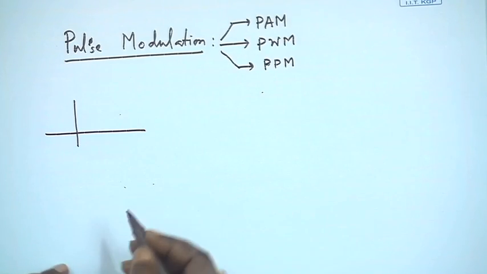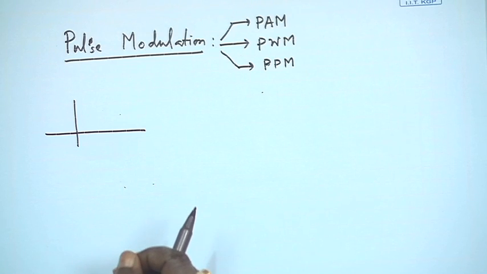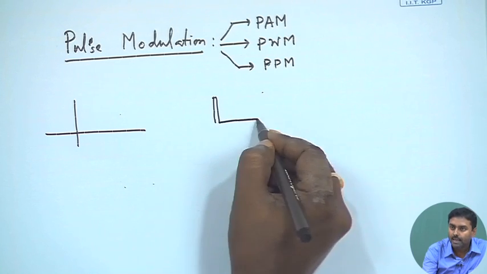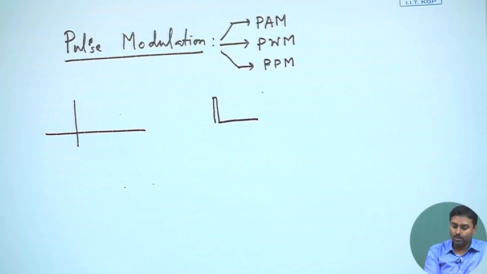So, if you see PAM, it is like this. Whenever we say pulse amplitude modulation, it is in terms of some discrete pulses. The entire modulation happens with pulses. Pulse means it is on for some duration and the rest of the duration it is off. That is generally termed as pulse modulation.